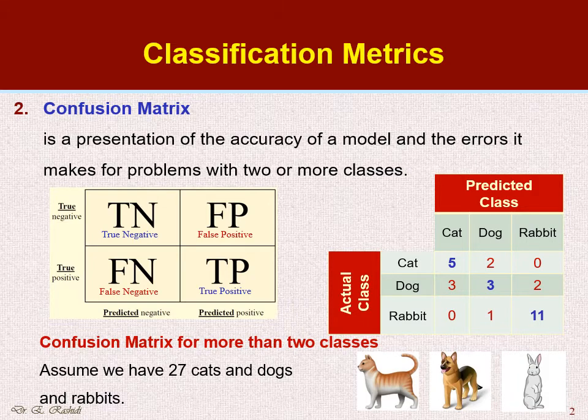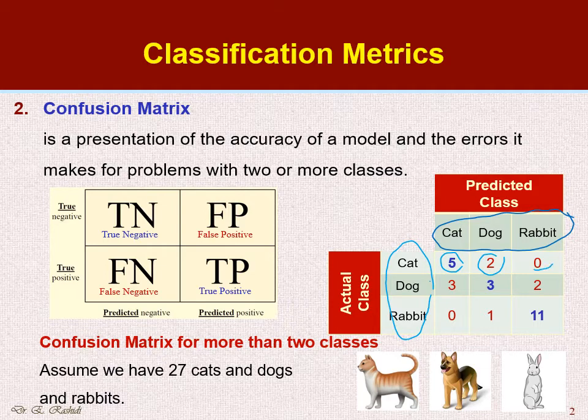Since here we have more than two classes, we cannot talk about true negative or false positive. For example, here we have the actual values in the columns, as you see here, cats, dogs, and rabbits. And then we have the predictions of these animals on the column. For example, 5 cats have been truly predicted as cats, and 2 cats have been predicted as a dog.